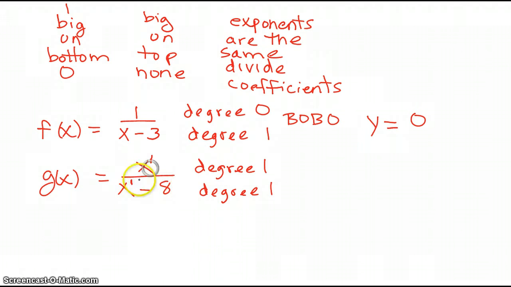So since these exponents are the same, it's going to be EATS DC. And EATS DC means that I'm going to divide the coefficients of whatever you got your degree from. So I had an understood 1 here and an understood 1 here. So I'm going to do 1 divided by 1. So the answer would be y equals 1.